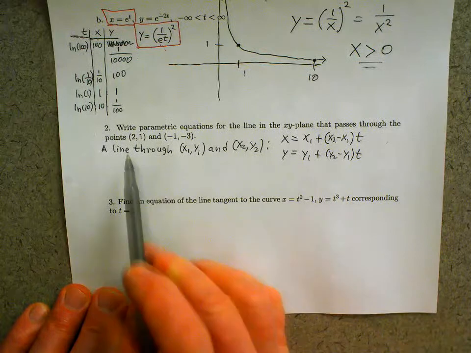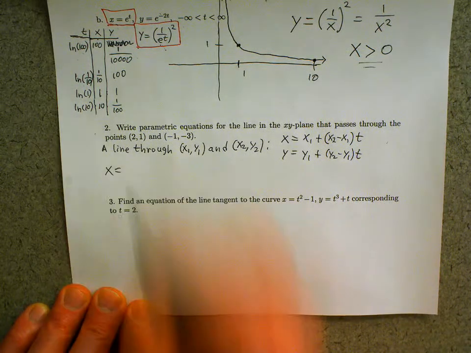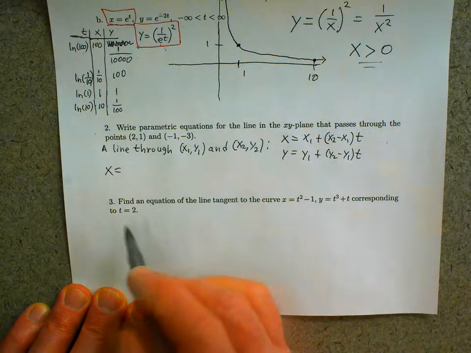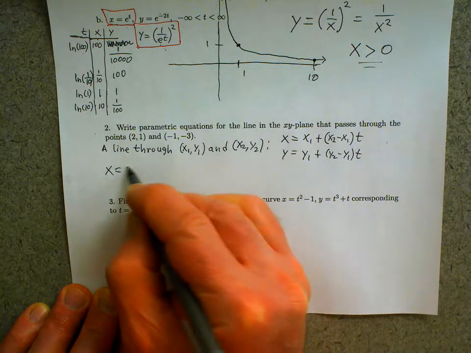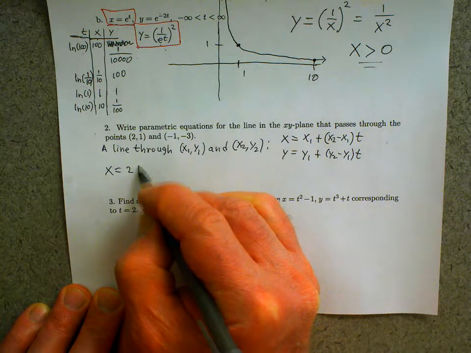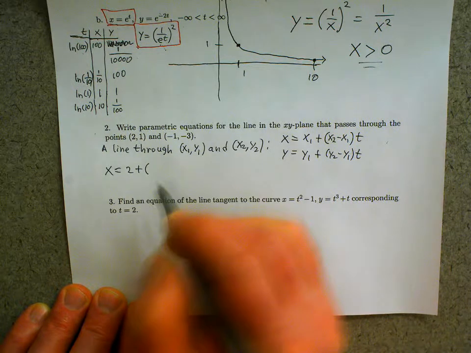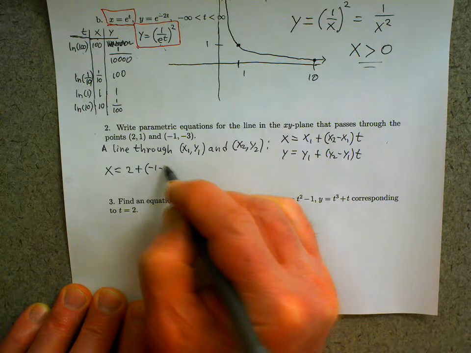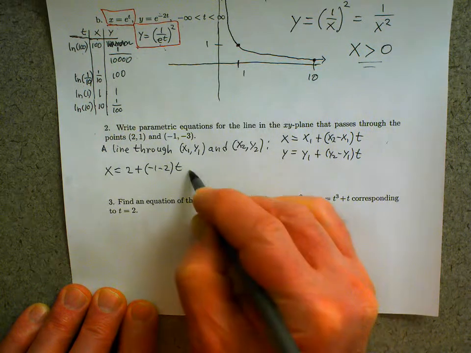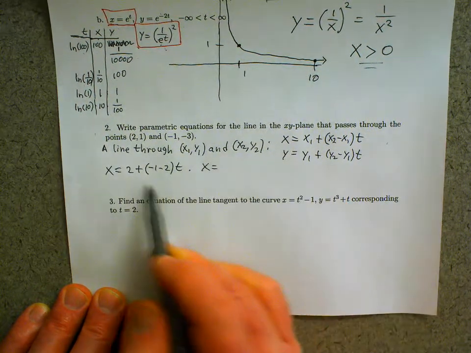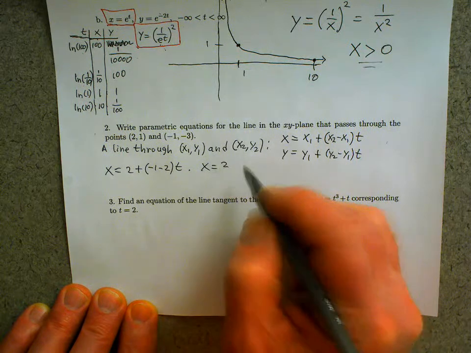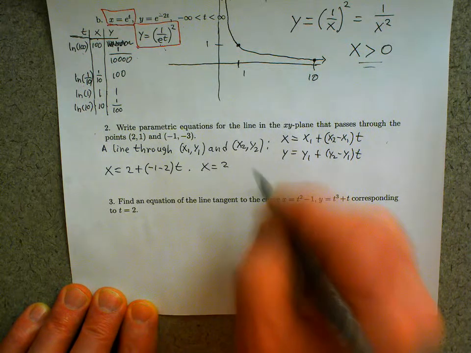So in this particular example, using this formula, x equals 2 plus -1 minus 2 times t. Simplifying a little bit, we get x equals 2 minus 3t.